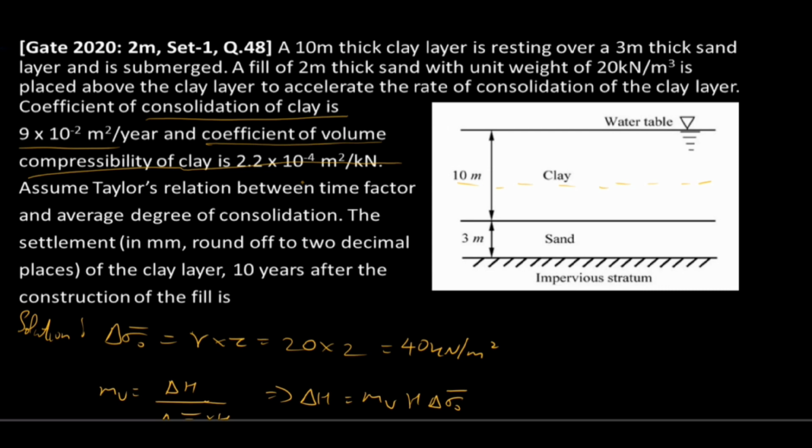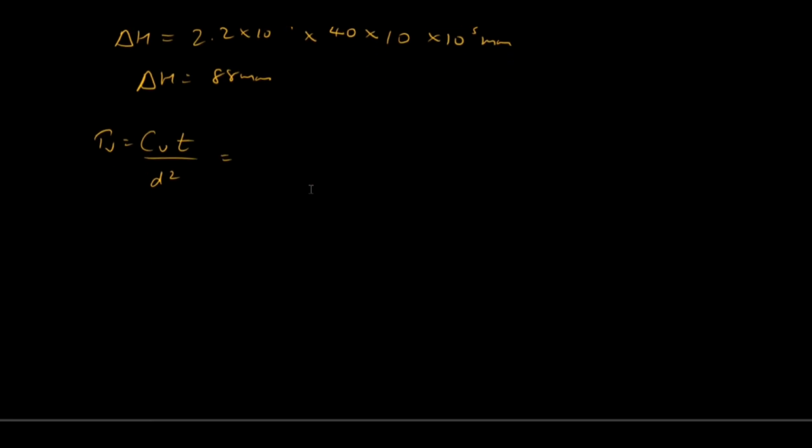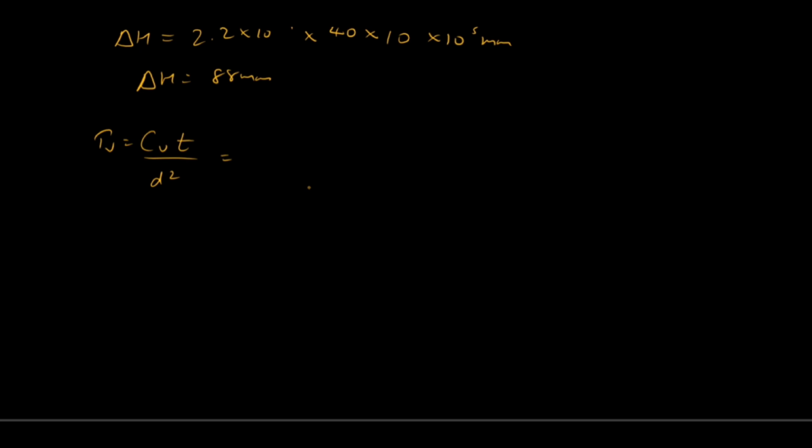For every question, you need to understand. So Cv, they have given us 9 into 10 power minus 2, and the number of years they have given us 10 years, by d, which is nothing but pi square, which gives 0.036.